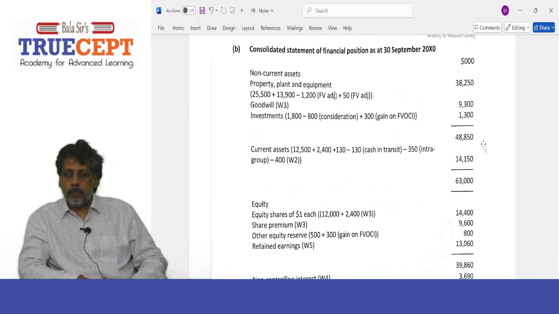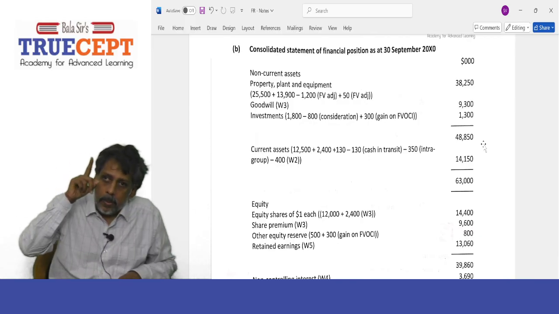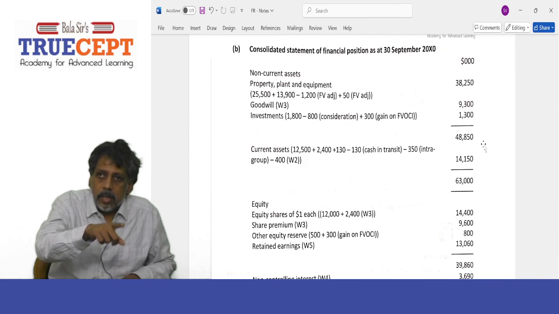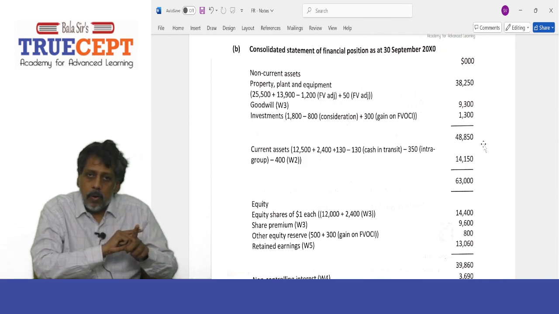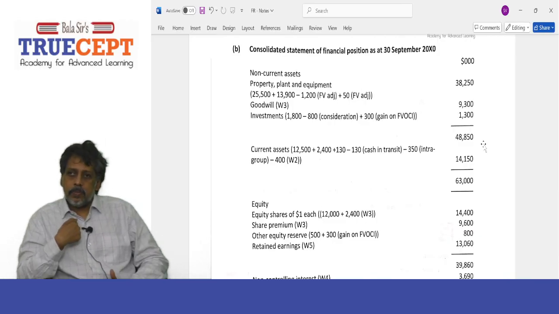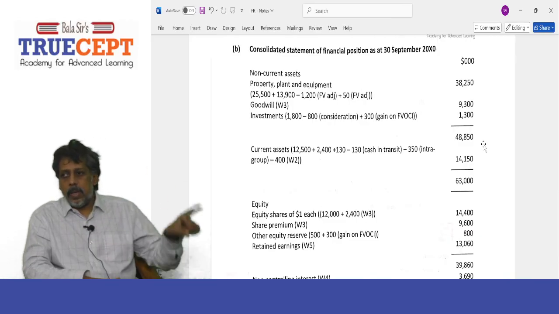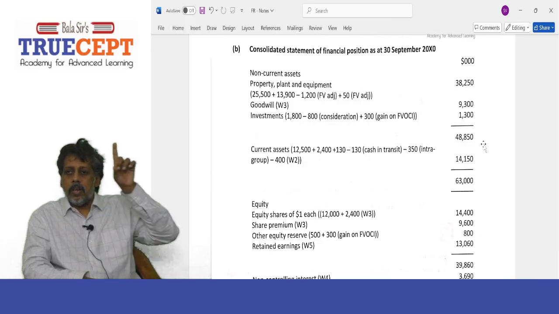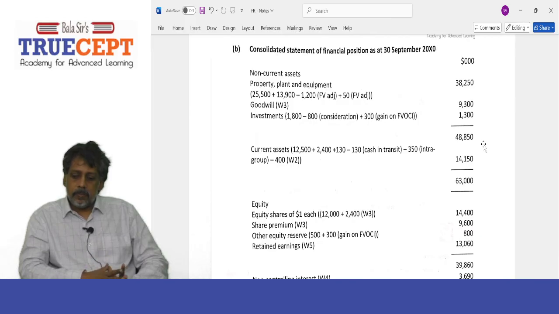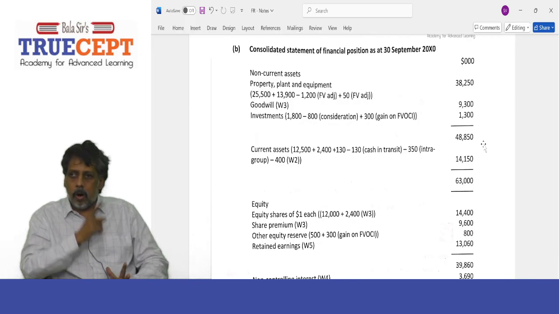Add back 50. That means your property, plant, equipment is 13,900 minus 1,200 plus 50, and then add it to my 25,500. You'll get the property, plant, equipment for your consolidated balance sheet: 38,250.